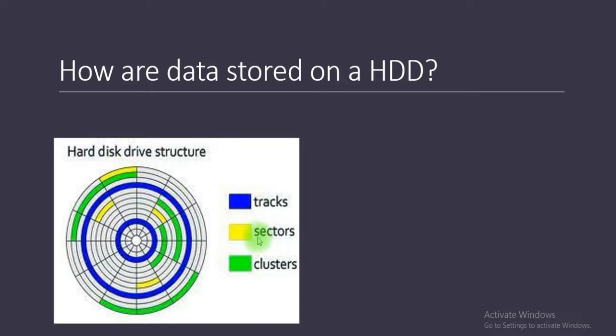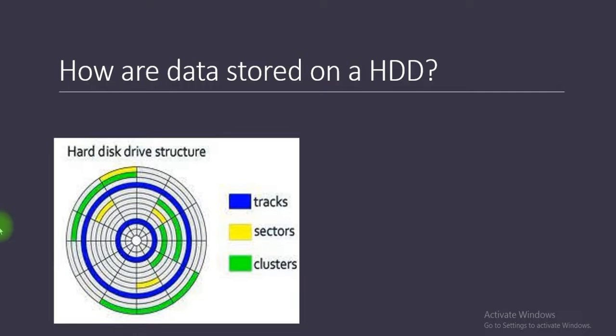The sector is a region on the track, and it is the smallest physical area in which data is stored on the disk. The size is typically fixed at 512 bytes.